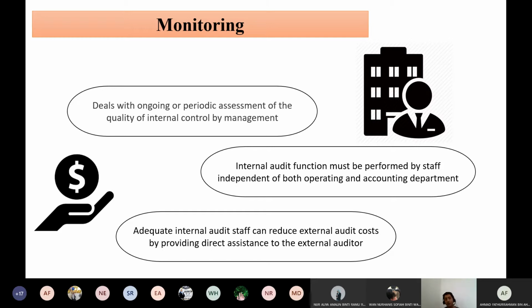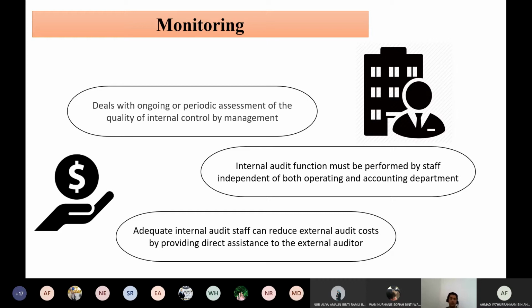Most probably they will be the internal audit department or the internal audit function if they have it. But small and medium companies may not have an internal audit function, so maybe a person will handle that according to the size of the company.